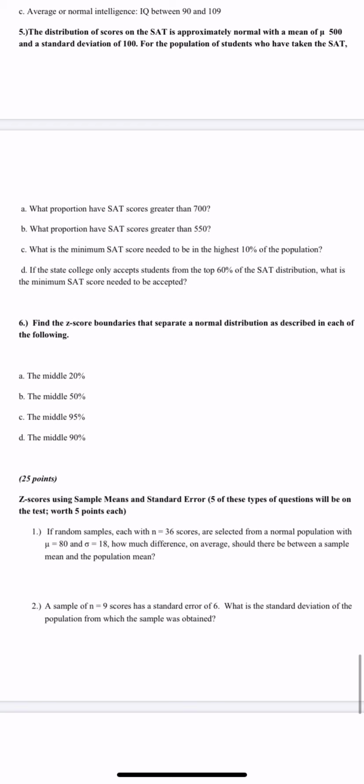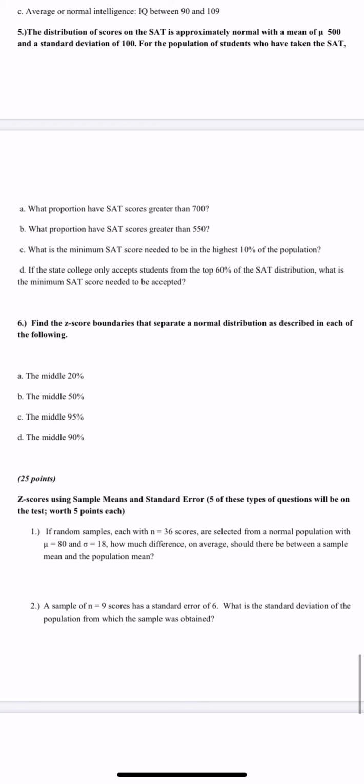So what you do here is you look for 60% in the body, right? Because that's more of a distribution, right? 60% is the body. If you go backwards to 40%, in this case, the 40% would be the tail. So z of the top 60% equals negative 0.25, right?